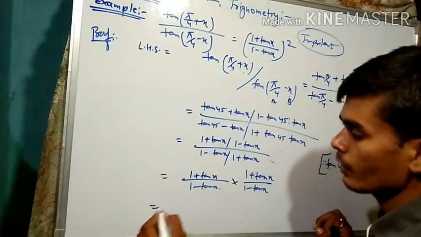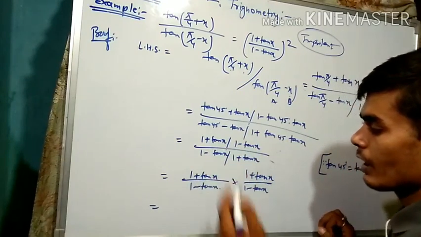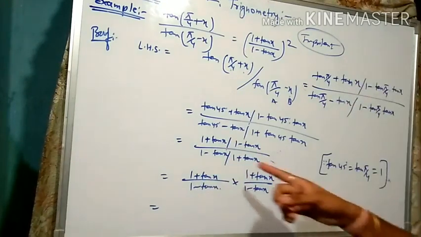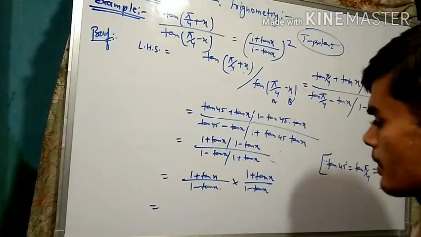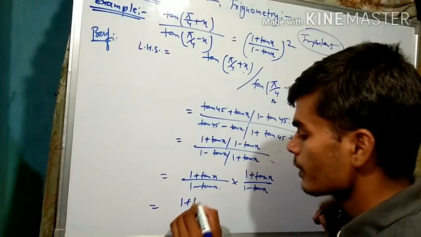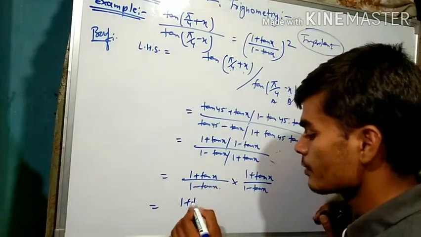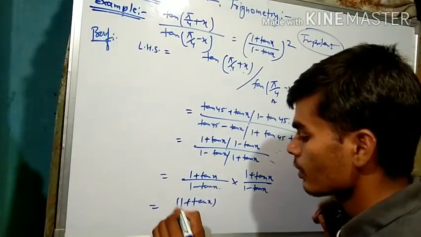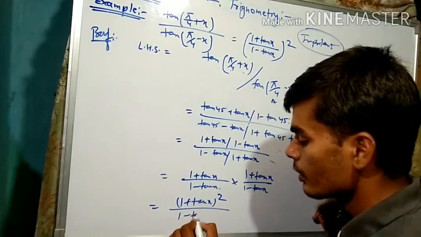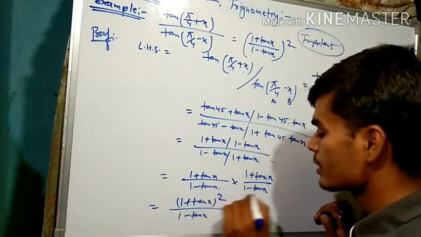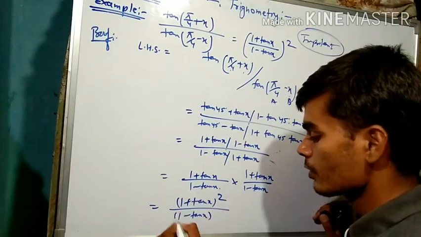Numerator and denominator have been interchanged. Means a plus b and a plus b give (a plus b) whole square, and a minus b, a minus b gives (a minus b) whole square.